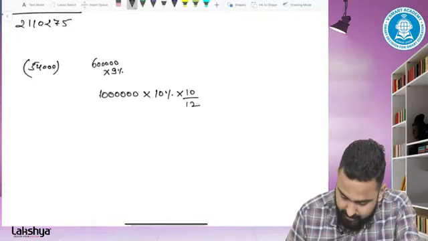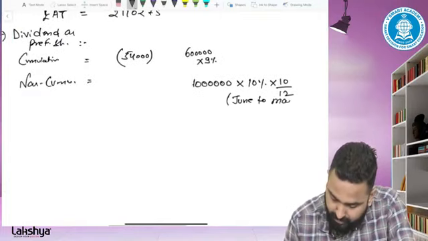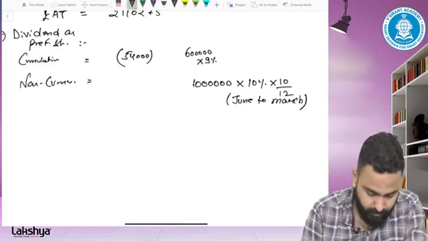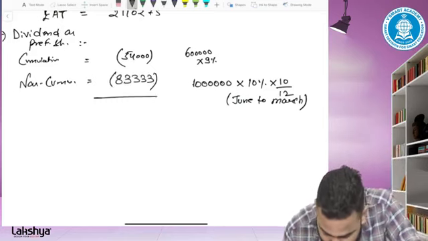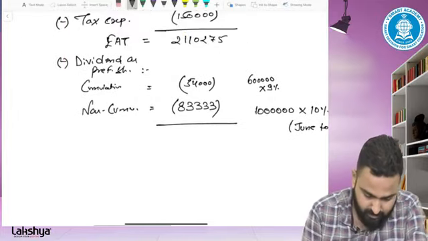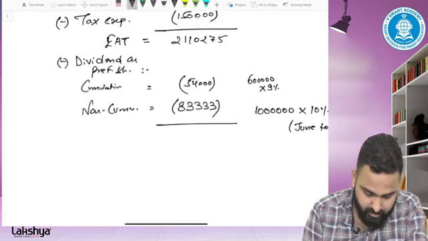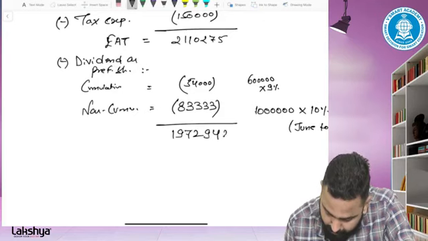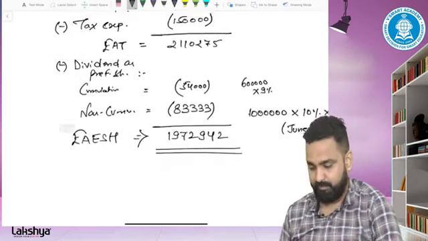That means June to March. It's 83,333. It's 1972942. It is earning attributable to equity shareholder, EAESH.